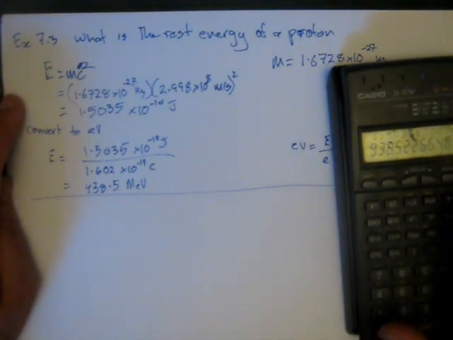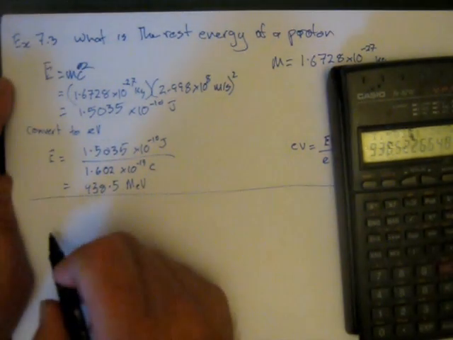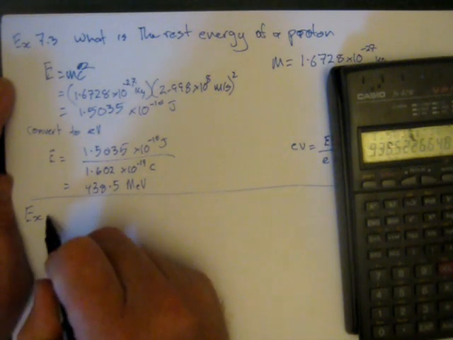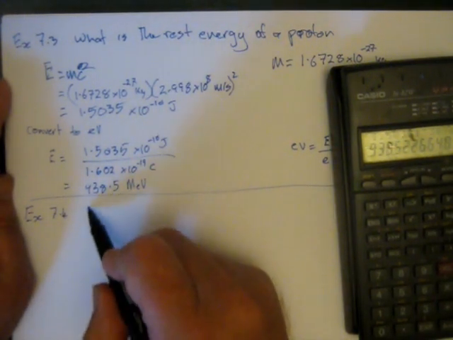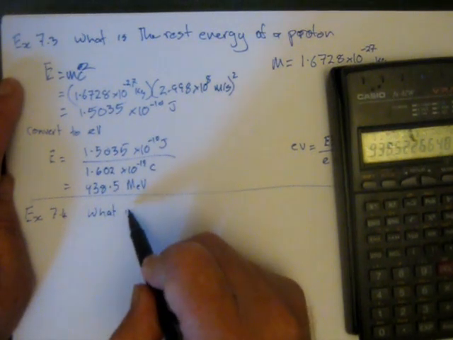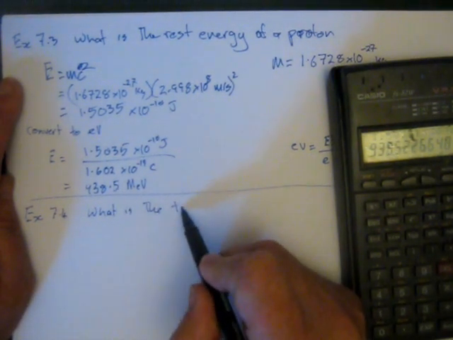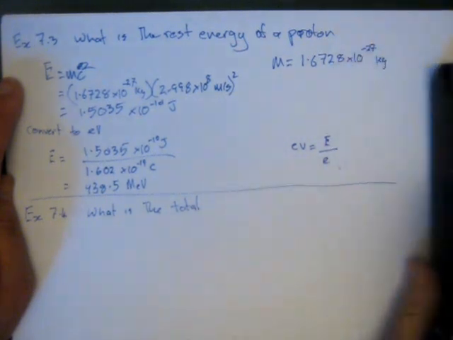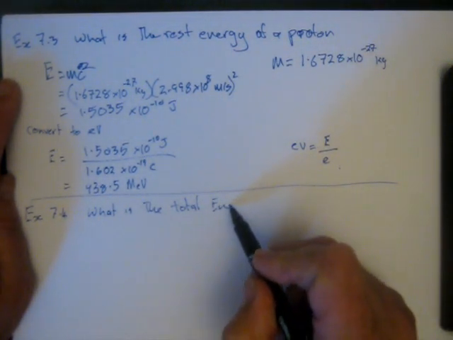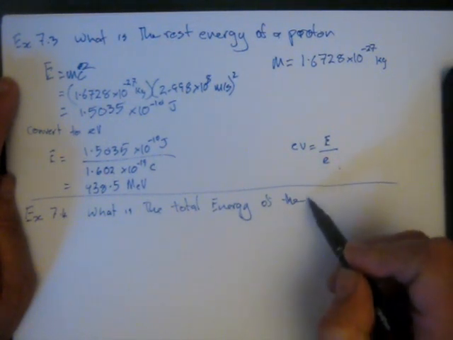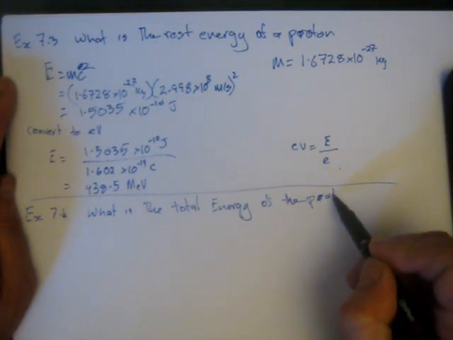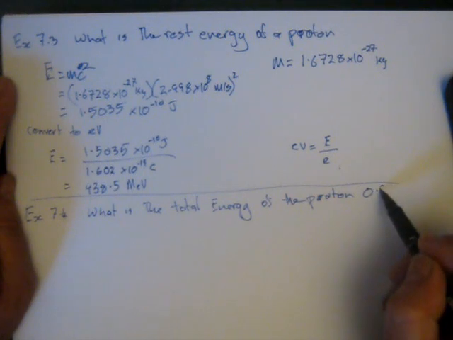Okay, so let's try another one. Let's try exercise 7.4. What is the total energy of the proton at 0.9 c?